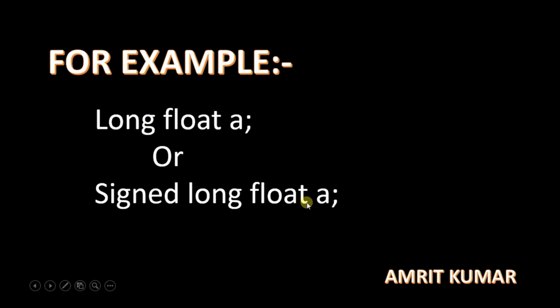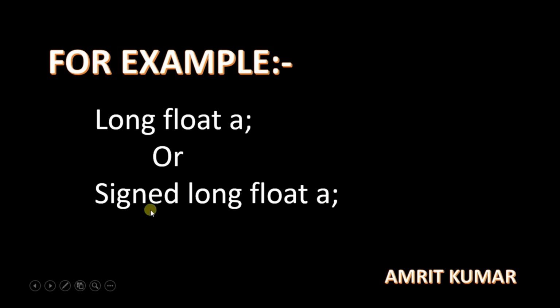In the same way, this is also a variable whose data type is float, and whose modifiers are long and signed. Here we have created a variable A whose data type is float, so it can allocate 4 bytes of memory space on the RAM. Because we have used the long modifier, and we have studied that long allocates 8 bytes of memory space on the RAM, the memory of variable A is going to be incremented because of this long modifier.